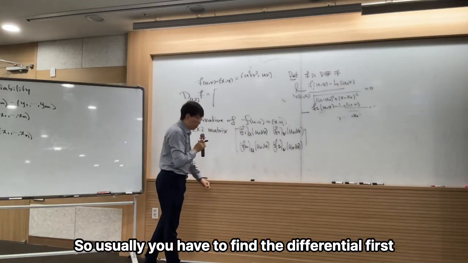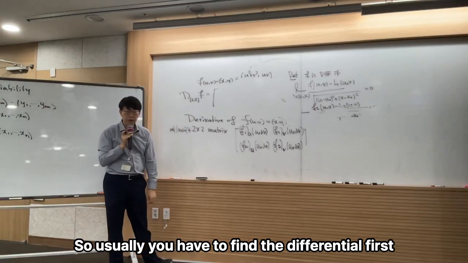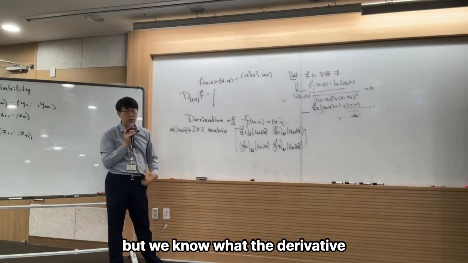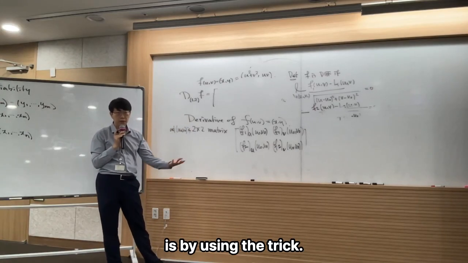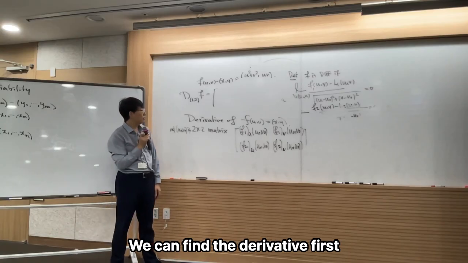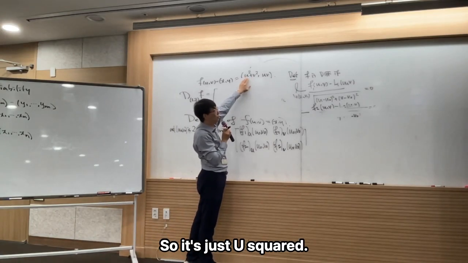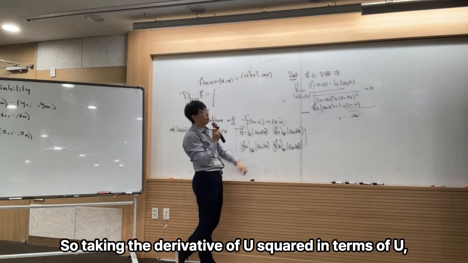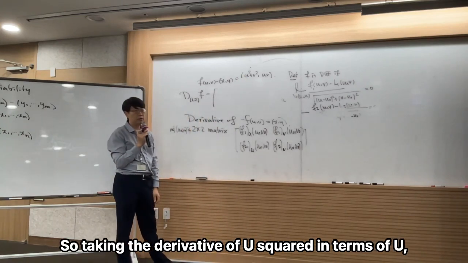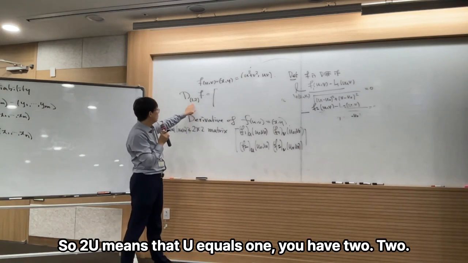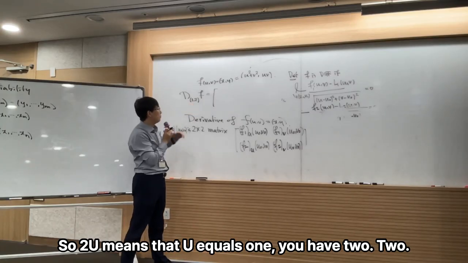Usually you have to find the differential first before you find the derivative, but we know what the derivative is by using the trick. So we can find the derivative first by taking v as a constant, so it's just u squared. Taking the derivative of u squared in terms of u, you get 2u, right? So when u equals 1, you have 2.